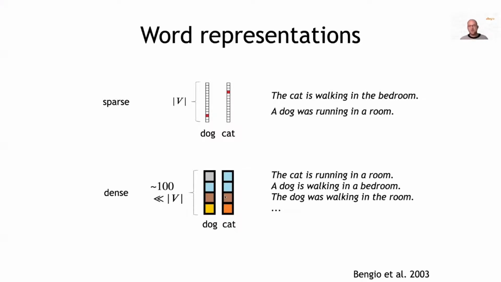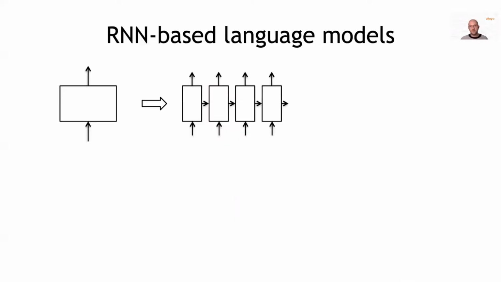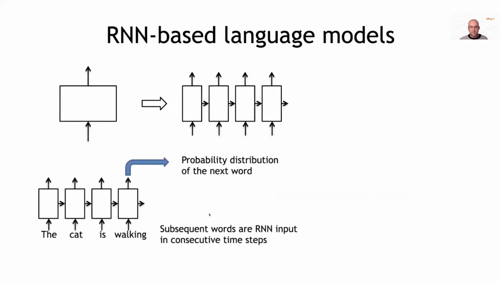And this is used in neural language models, where words are fed into a neural network. In this example, it's a recurrent neural network, and at each time step, you feed one word to this model.